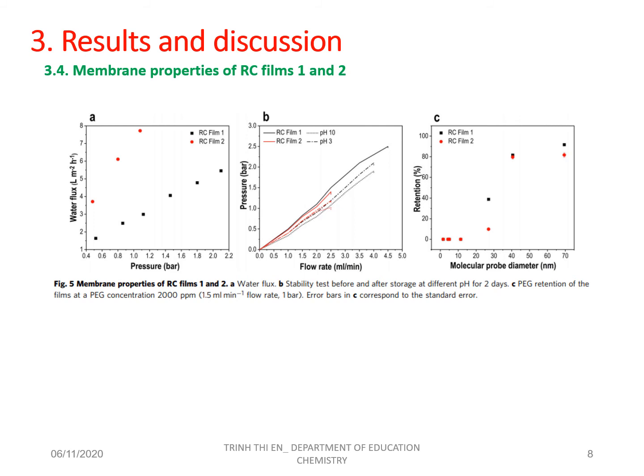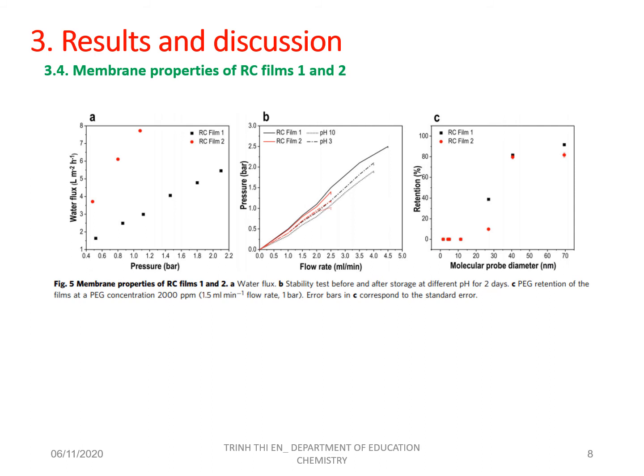the image 2B is the pressure versus flow rate, and we can see the film 1 can tolerate higher pressure.